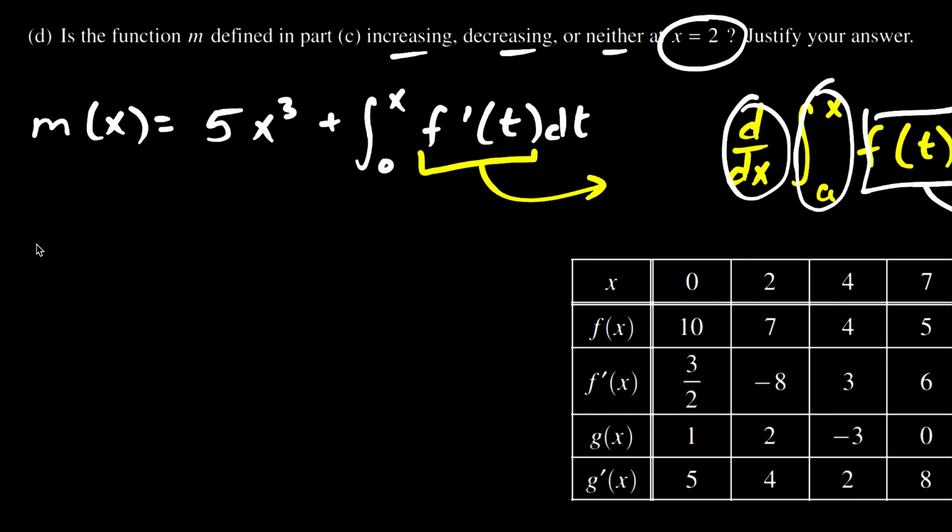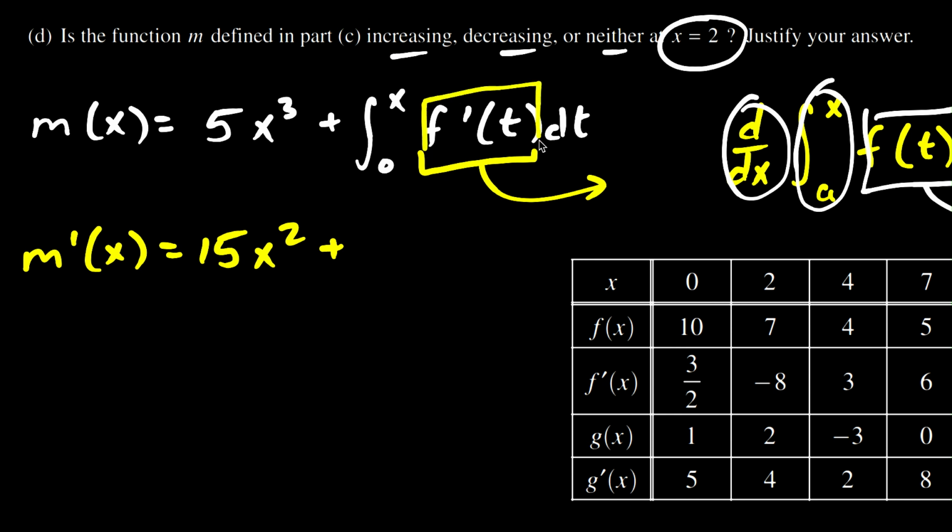So let's go ahead and take a look. You're going to have m prime of x is equal to, our derivative here is 15x squared plus the derivative of the integral is just whatever was inside. And what was inside was f prime of t, but in our case, we substitute that x in, so it's going to be f prime of x. And that's all there is to that.